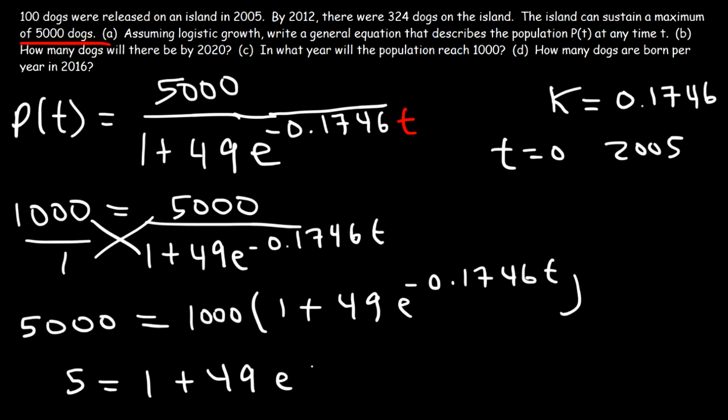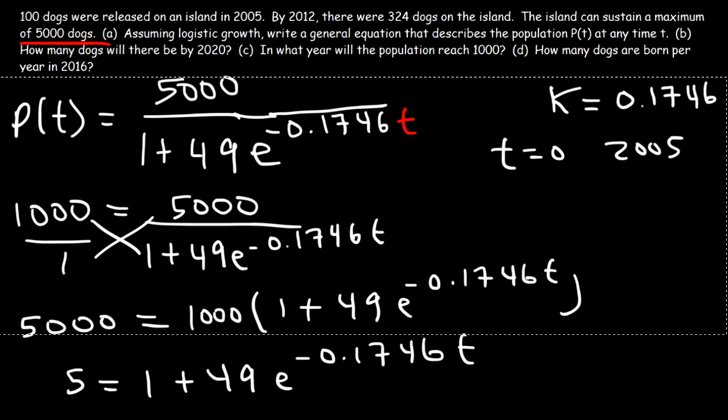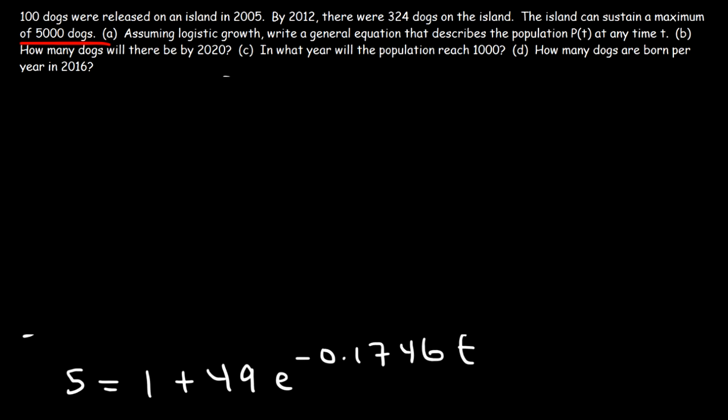So this is what we now have. Now the next thing we need to do is subtract both sides by 5. 5 minus 1 is 4. And then after that, we need to divide both sides by 49. So 4 over 49, well, let's just leave it as a fraction for now.